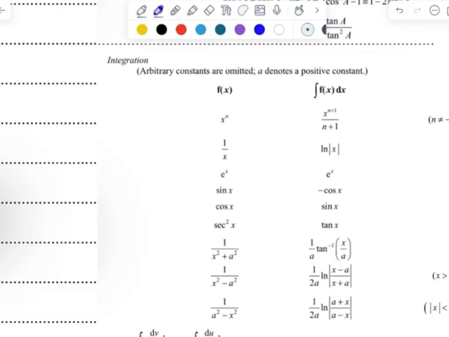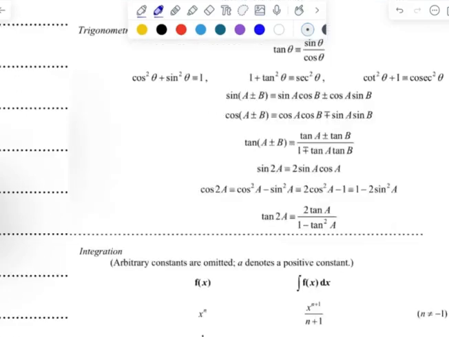When it comes to trig functions, you can integrate sine or cos or sec squared. Okay, so it's important to note you cannot integrate something like sine squared x or cos squared x. You would need to change those into a double angle. So you'd use the cos double angle before you can integrate something like that.